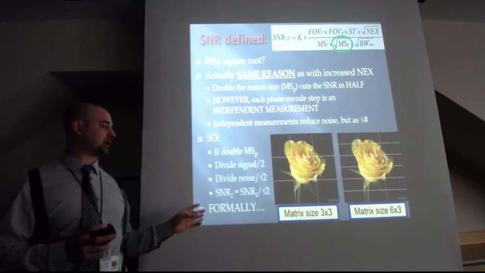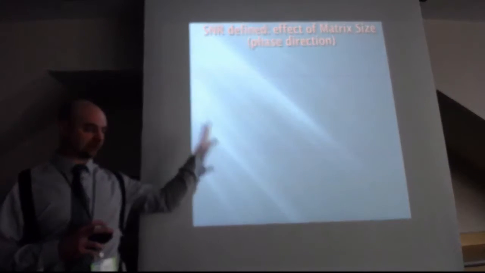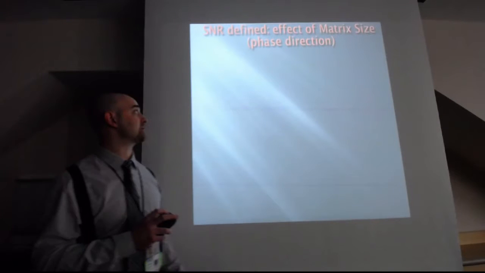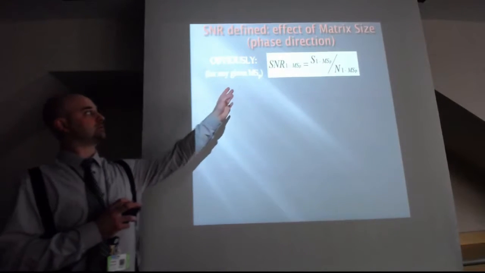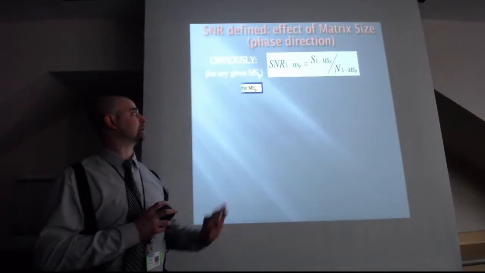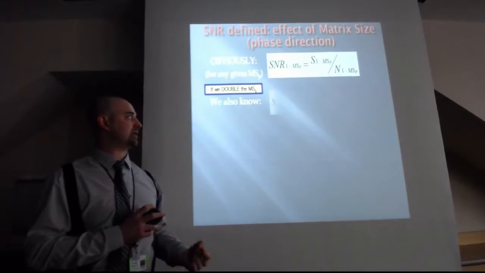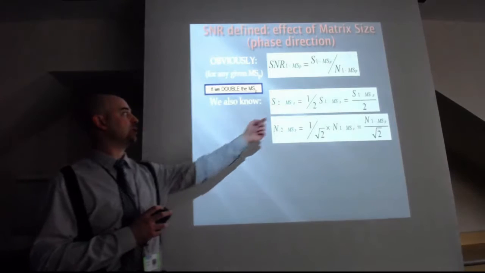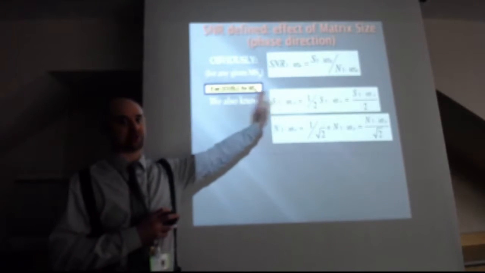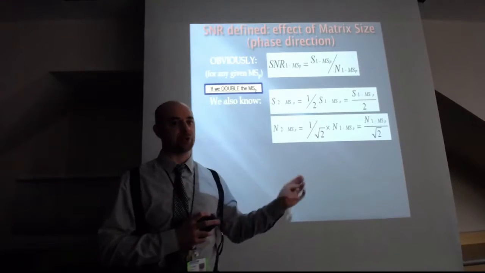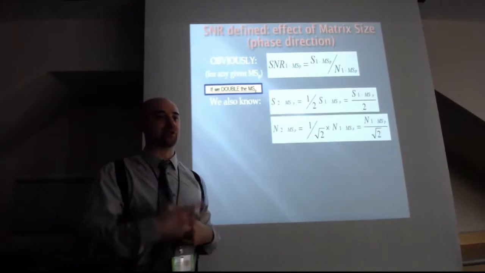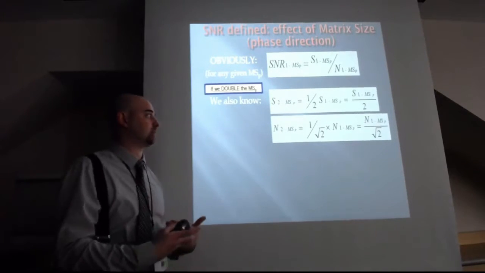So the SNR is going to, let's look at the actual numbers. It's a little easier to see. So here, SNR1 is, of course, the signal to noise ratio. When you double the matrix size in the phase direction, we halve the signal because there are half as many protons. But we're also reducing the noise because of the increased number of phase encoding steps adding information.